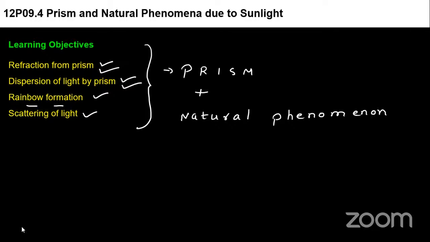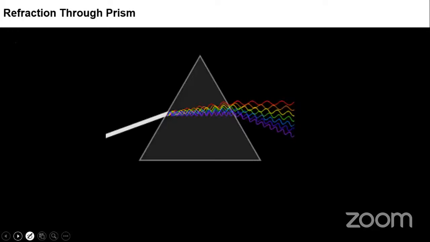Okay, let us start now. What you're able to see on the screen is white light, and this is a prism. I'm telling you some differences between a prism and other objects.